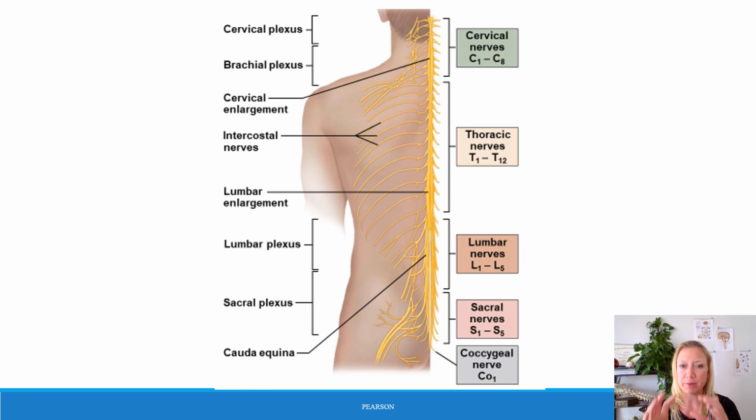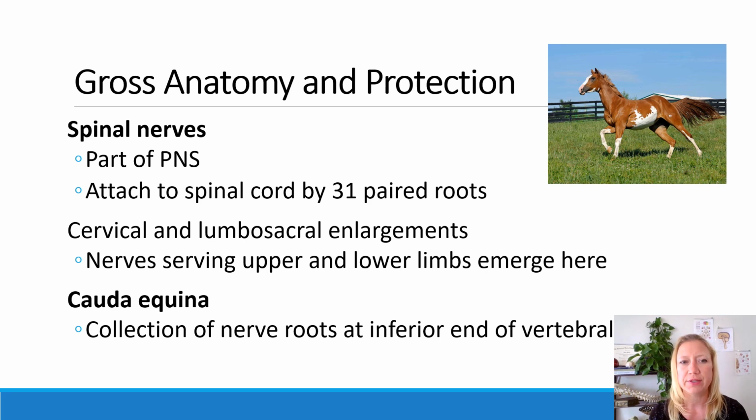The lumbar enlargement, again for lower extremities this time. Sacral plexus, and then the cauda equina being horsetail, or where the spinal cord is going to end is going to be at that L1, L2 area, and then we see cauda equina after that. There's our horsetail, like a ponytail, right?